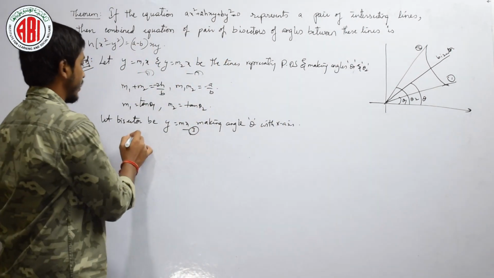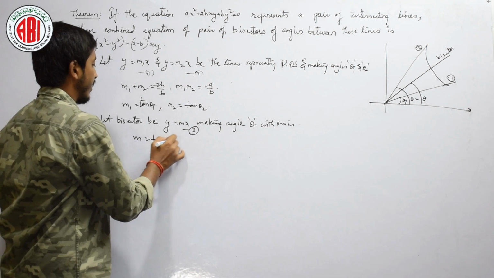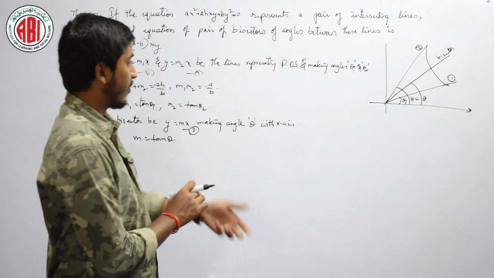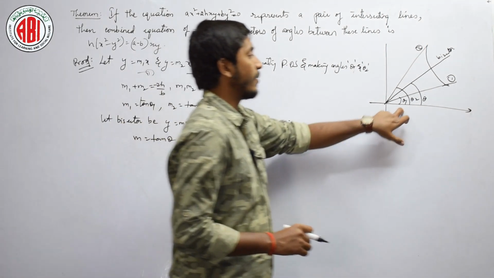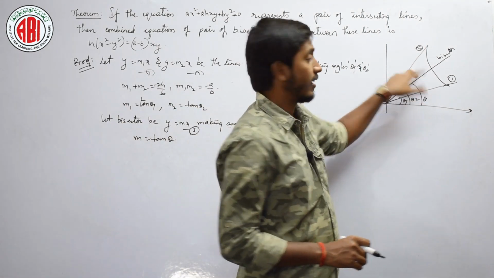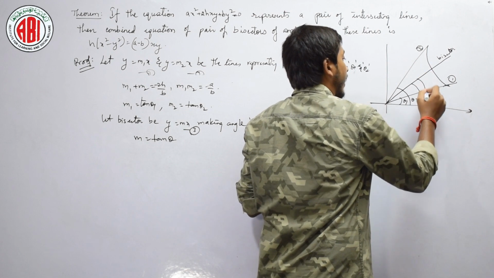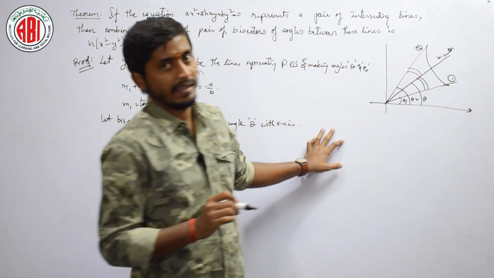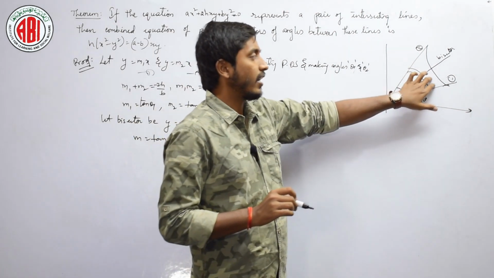Then what is the slope m here? Tan theta, is it right? Now let us write, if you observe here from this diagram, this is the angle bisector, then this angle is equal to this angle, isn't it? What is the angle left here?